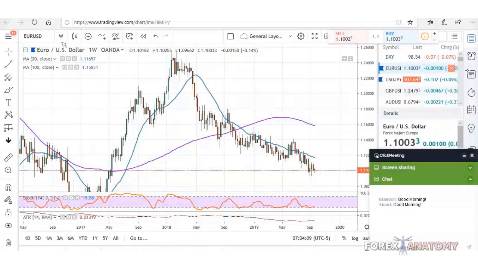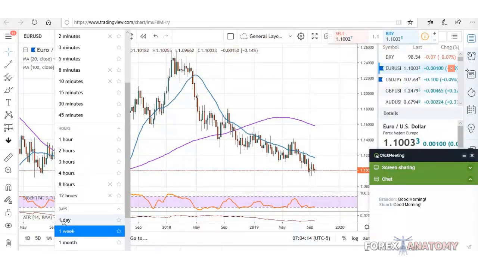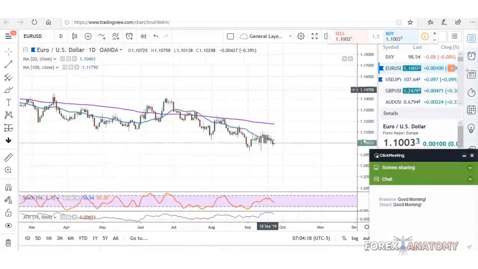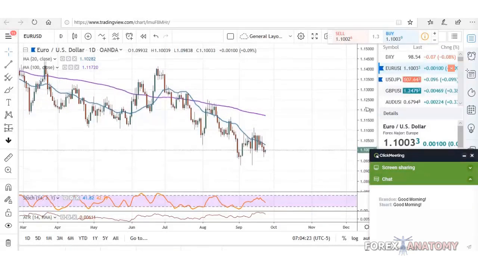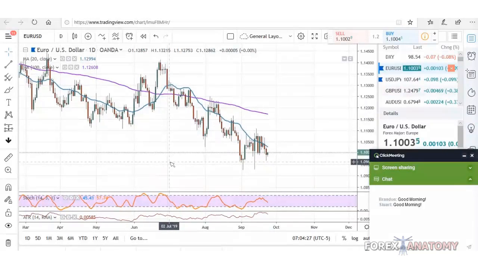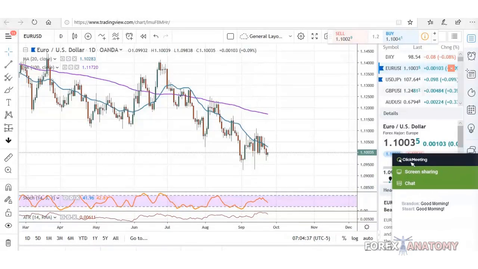But from here, what we want to do is go down to the daily time frame. Let's do that now. So right now we're looking at the daily. Let me stretch this out so that we can see it. What we can see here is that price tumbled lower and formed this double bottom, we could say. It tested the lows right here, which I believe are the lows for 2019.